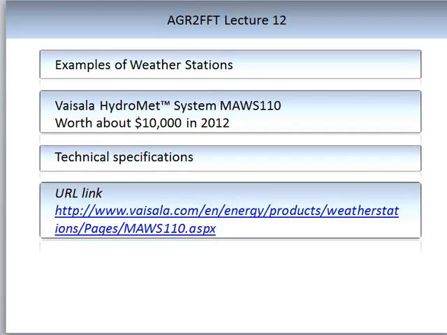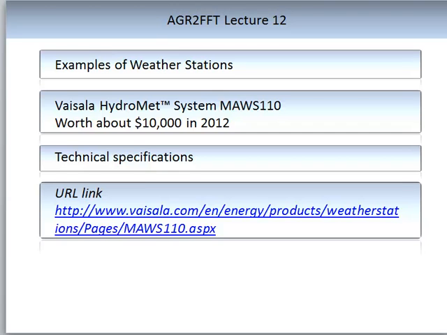The link on the screen shows one commercial example of a high-end weather station. This is the Vaisala Hydromet system. It is used a lot in research activities. You can view the technical specifications. This shows you what the weather station consists of, what parameters it measures, how it measures them, and what range of measurements you can expect to find.